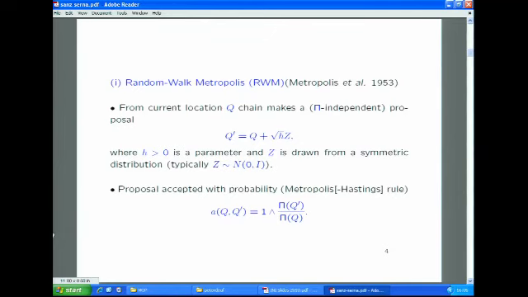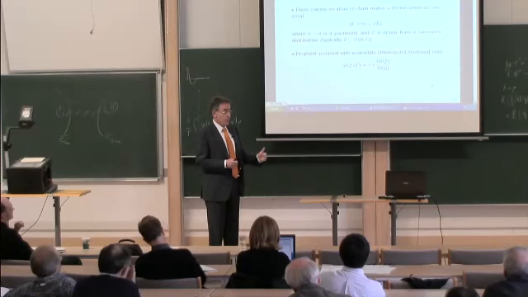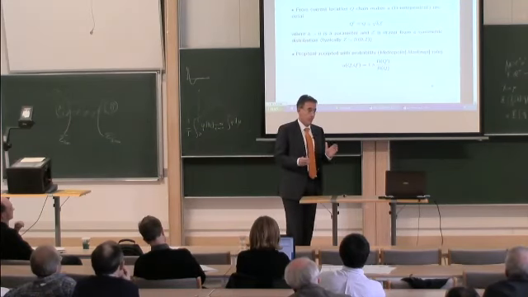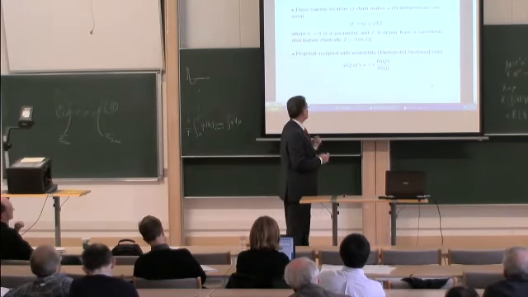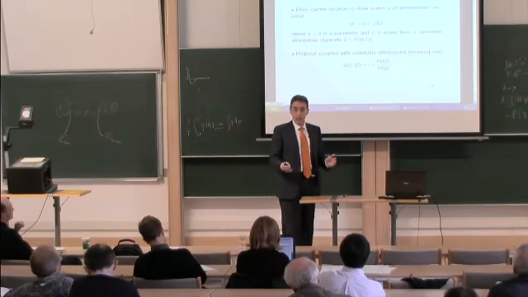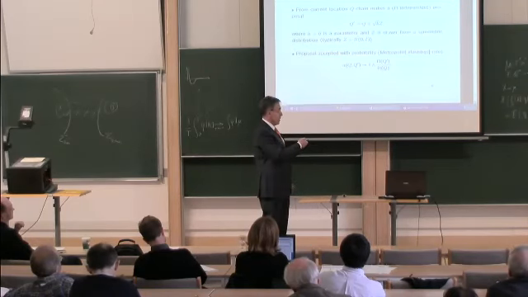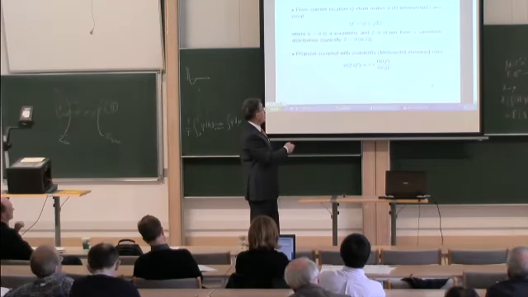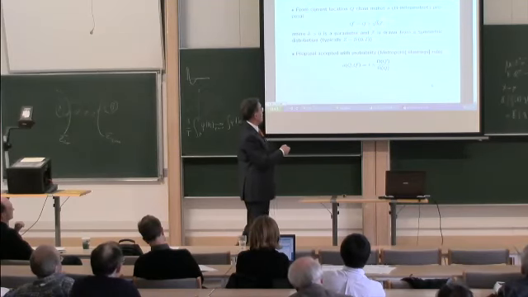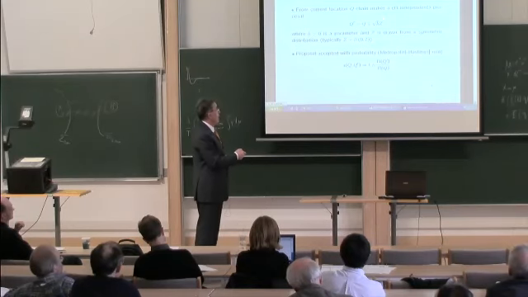Assume that I am at a current location, capital Q, in Rn, and the chain will take a step to a different location, Q prime. So I jump to Q prime, and this distance and direction are chosen with a scaling parameter, the square root of h, times a random vector z that typically comes from a normal distribution.